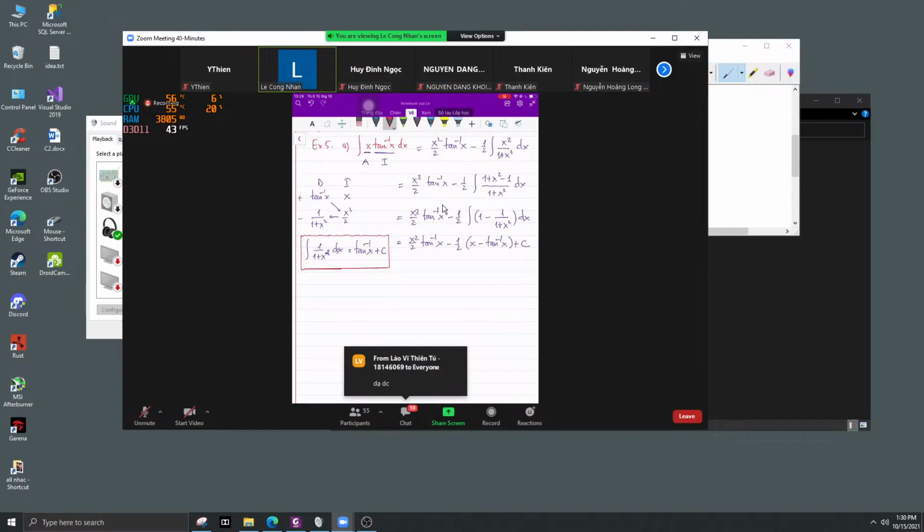Okay. Similarly for the definite integral, we can also use the integration by parts method. So we have the formula for integration by parts for the definite integral.